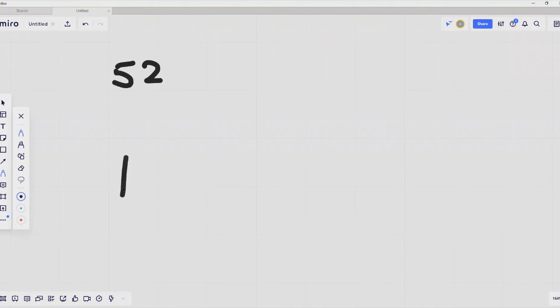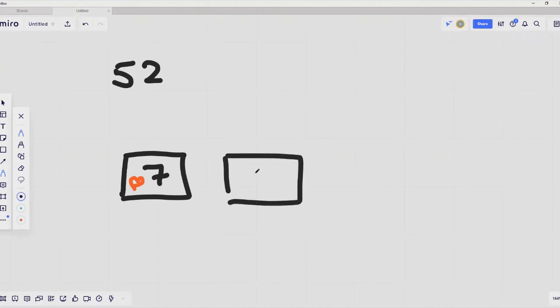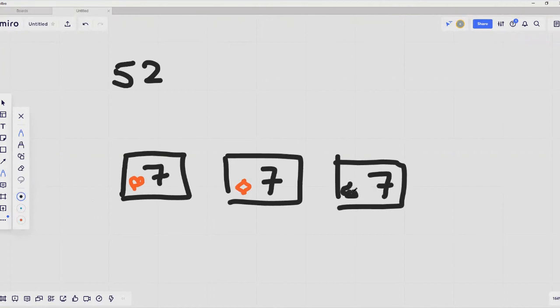So for instance, we'll have 3 sevens, let's say 7 of hearts, 7 of diamonds, 7 of clubs.